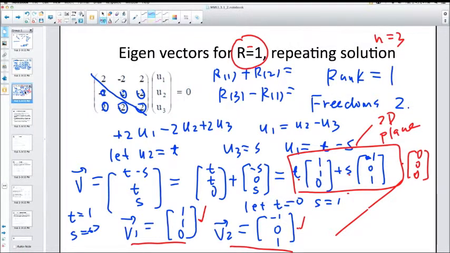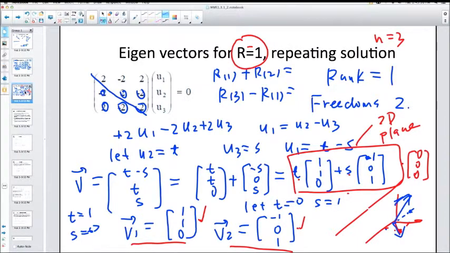Anyway, this plane is made by the 2 vectors, (1, 1, 0), this vector, and another vector, (-1, 0, 1), with 0 in y and 1 in z.